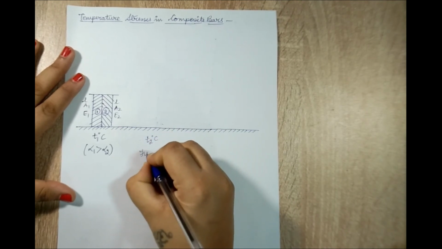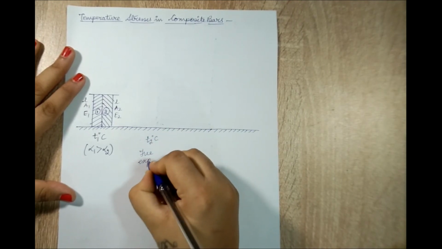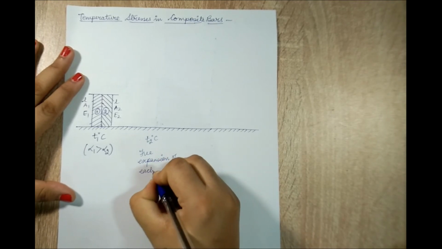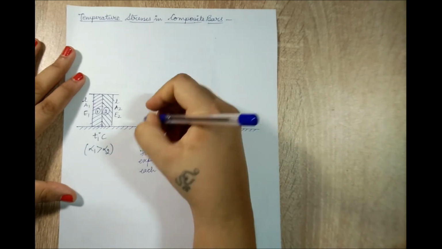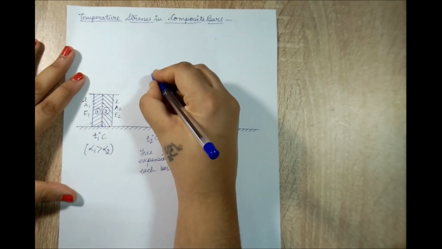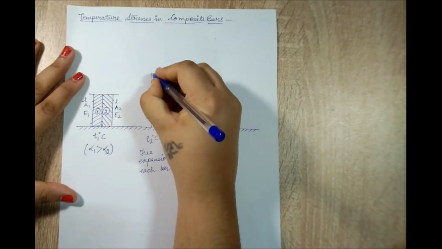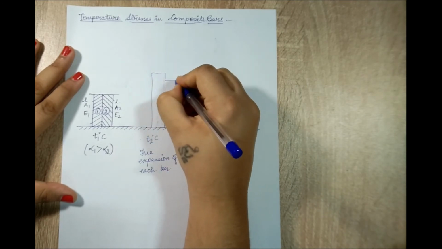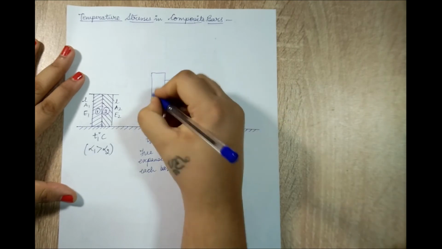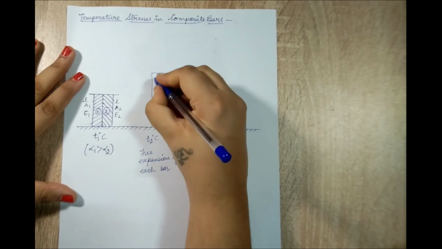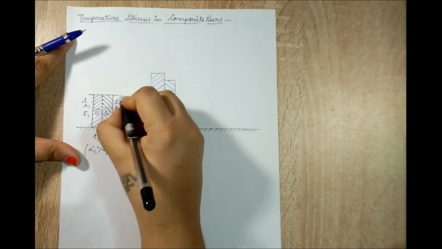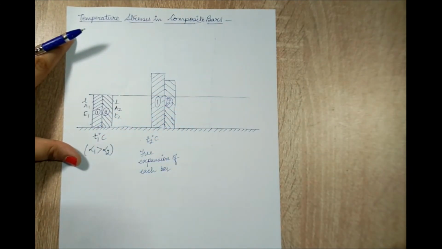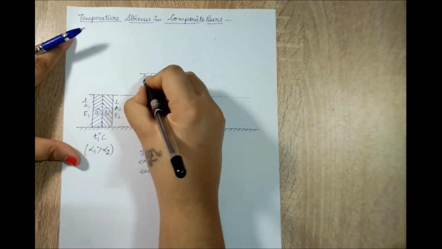So I'll write over here free expansion of each bar. So the first one will expand more, and the second one will expand less. First one, second one. This was the initial length of the bar, and from here to here is a free expansion.